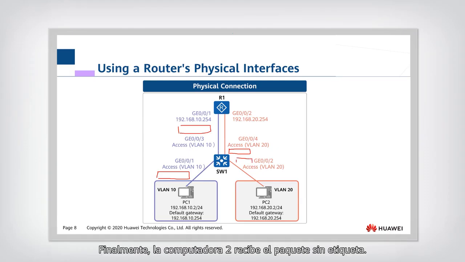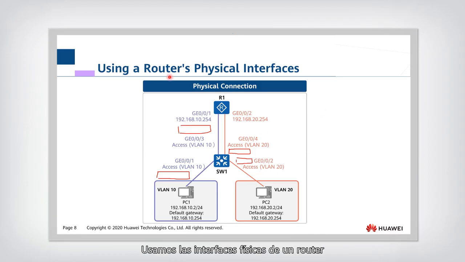So finally, when PC2 receives the packet, it still has no tag. So the packet can be transmitted correctly using the routing and forwarding of the layer 3 device, router 1.